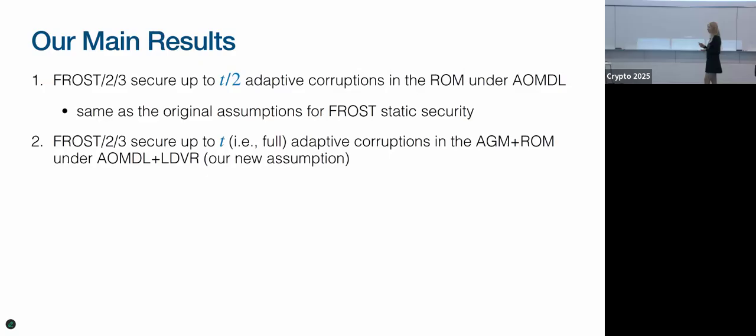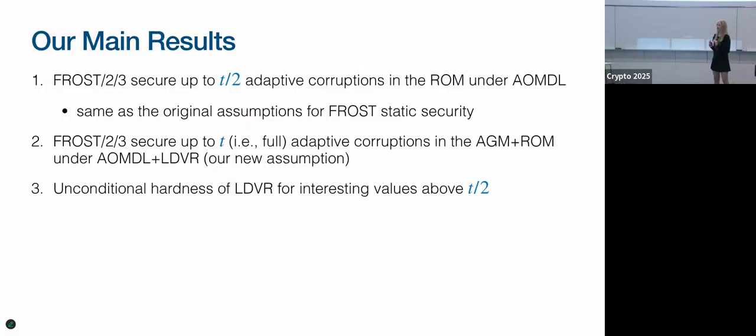We then prove that all 3 variants are secure up to a full t corruptions in the algebraic group model and the ROM under AOMDL and a new assumption we introduce in this work called LDVR, which stands for low dimensional vector representation. We then show the unconditional hardness of the LDVR problem for some interesting values above t/2.